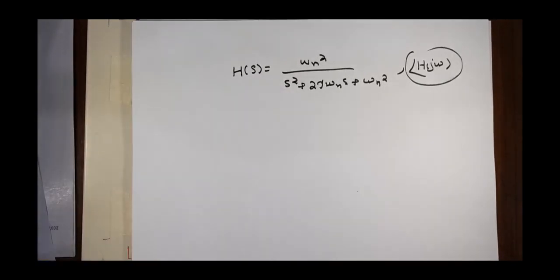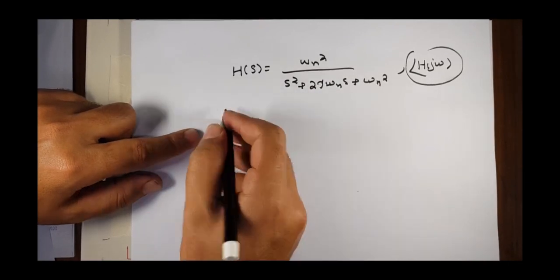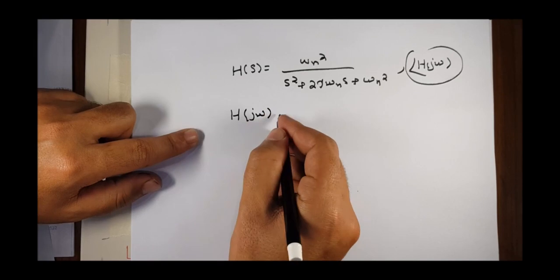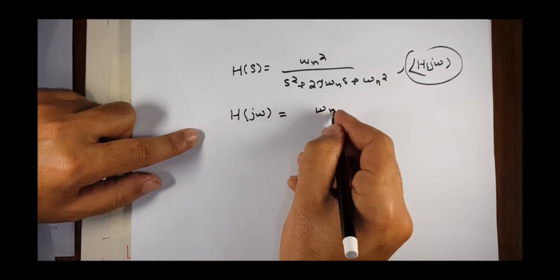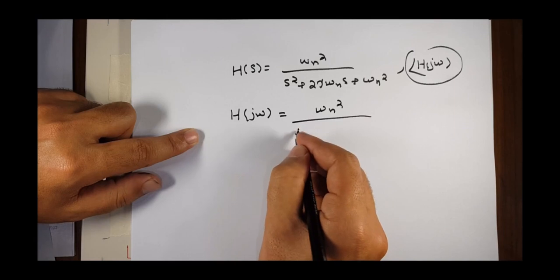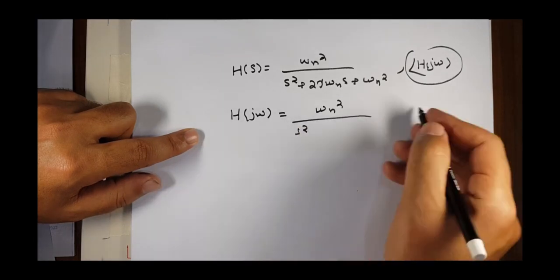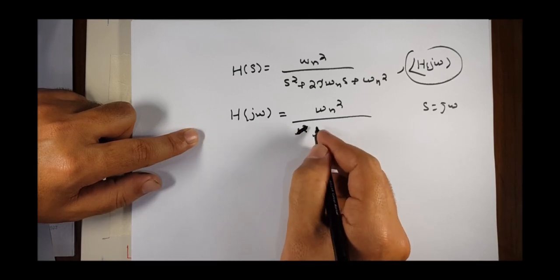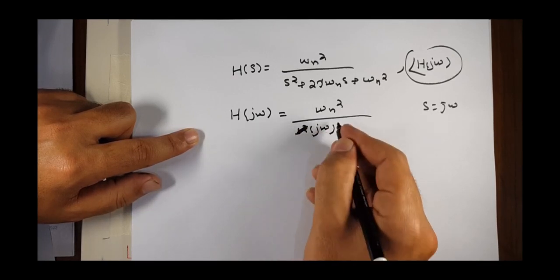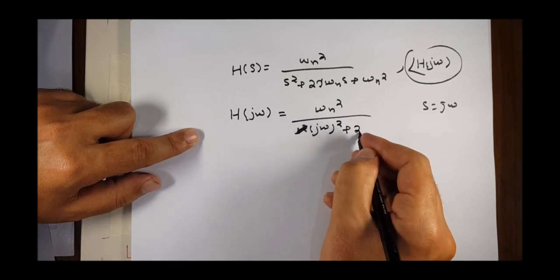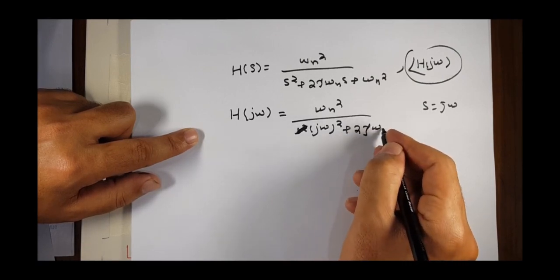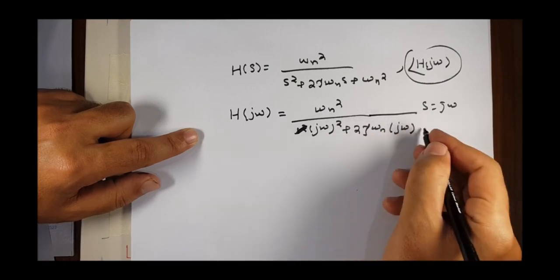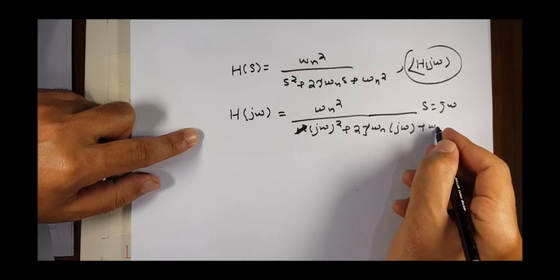We can simply write this whole transfer function this way: H(j omega) is equal to omega n square over s square, where s is equal to j omega. So we can write it as (j omega) whole square plus 2 zeta omega n into j omega plus omega n square.